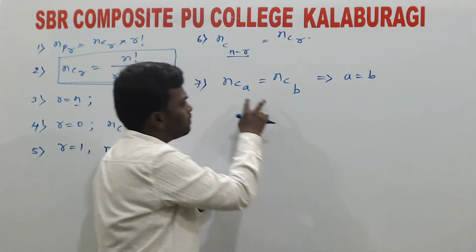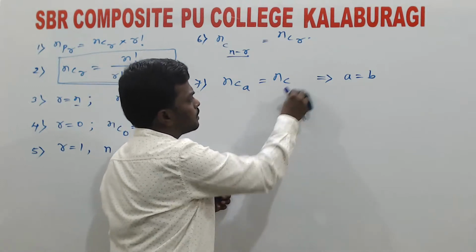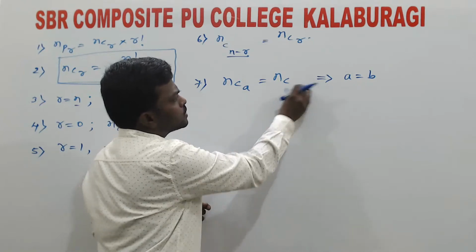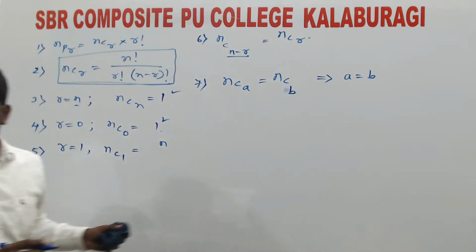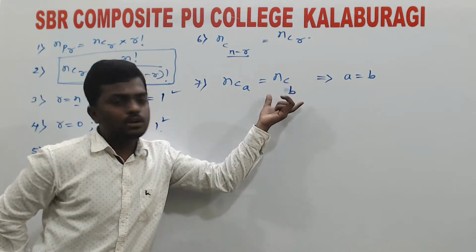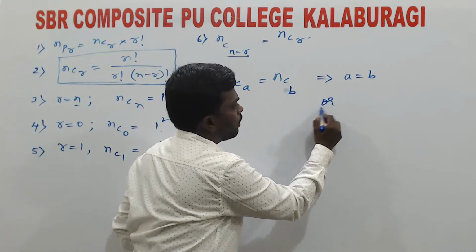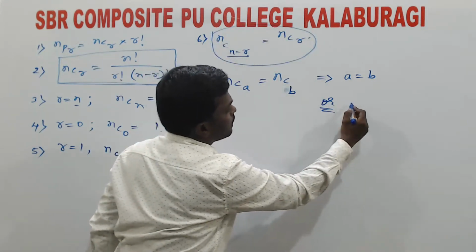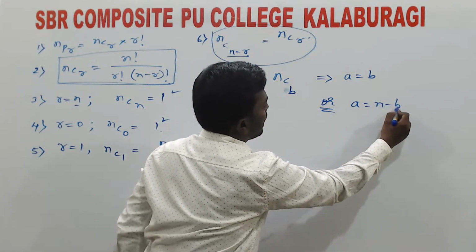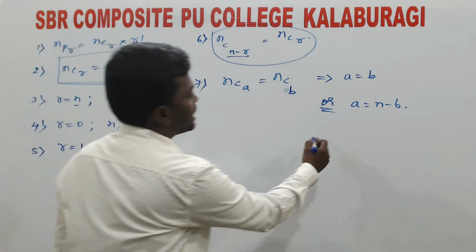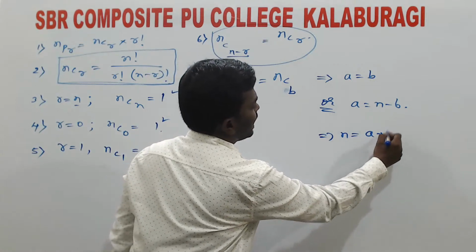When a is equal to b, either a equal to b or b equal to a, one and the same thing. nCa is equal to nCb implies a equal to b, or a is equal to n minus b, which implies n is equal to a plus b.